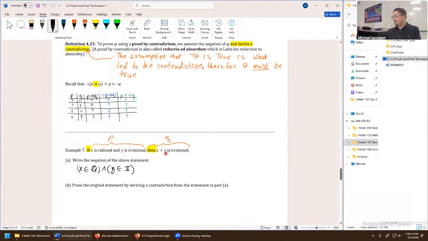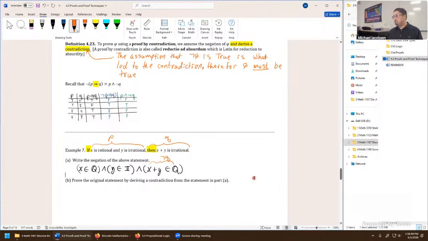Ignore the then. It's just another and we tack on, coming from this and right here in the logical equivalence. And x plus y is rational. When we negate that, we just say it's in the set of rational numbers. So this part right here is the negation of Q. So that's the statement we're going to prove on this one.